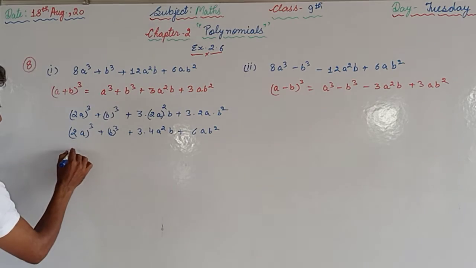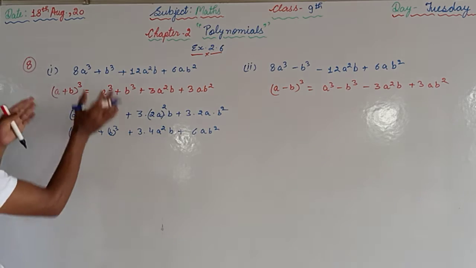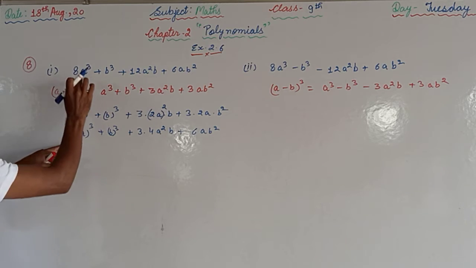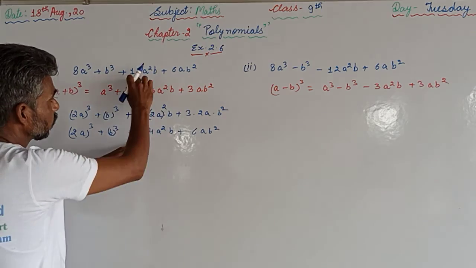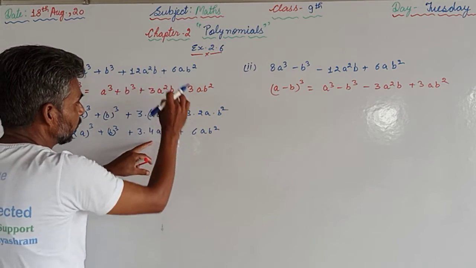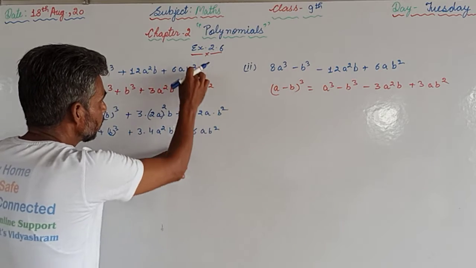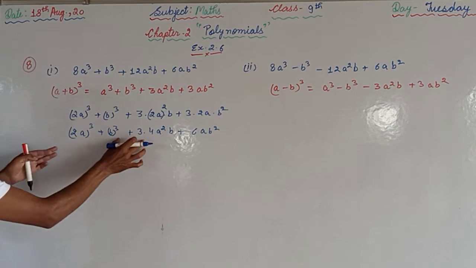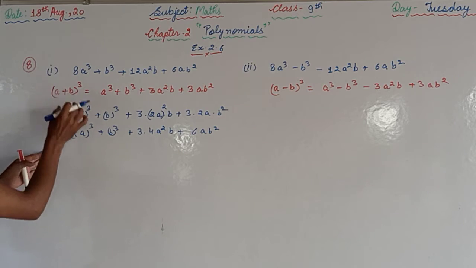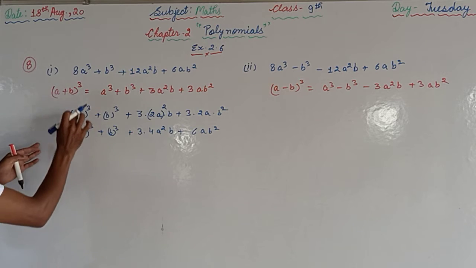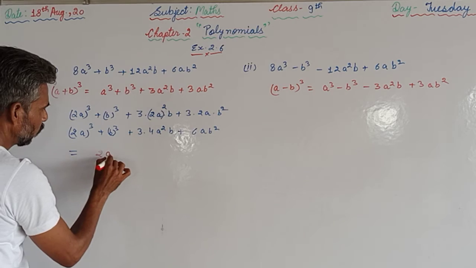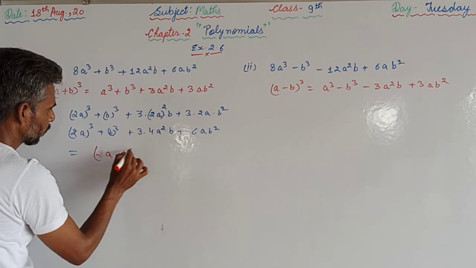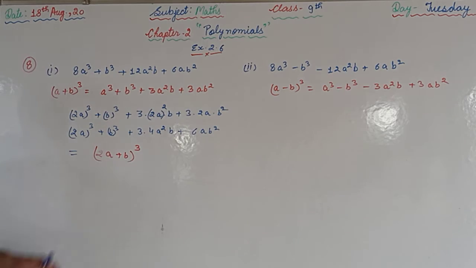Now we can compare: (2a) whole cube 8a cube, b cube, b cube, 3 fours are 12 a square b, here 6 a b square. Means from here we can reach this. How? We can substitute a by 2a and b by b, that can be equal to (2a plus b) whole cube.